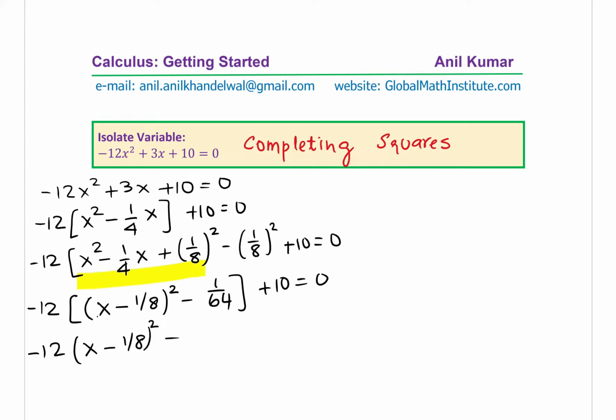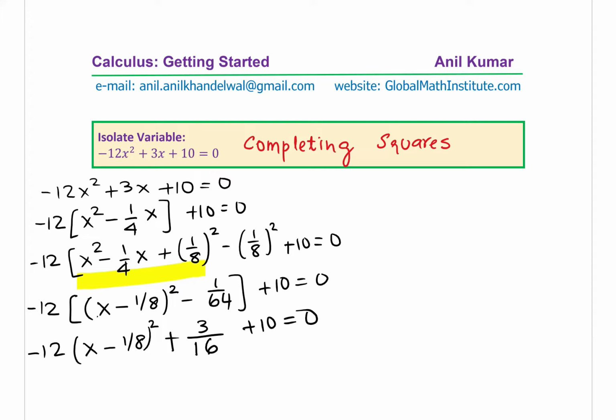So 4 times 3, minus and minus will become positive. 4 times 3, and dividing this by 4, 4 times 4 is 16, we get 16, correct? So that's what we get when you open the bracket and multiply by minus 12. Plus 10 equals 0.